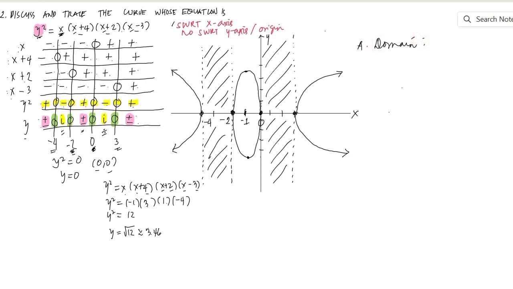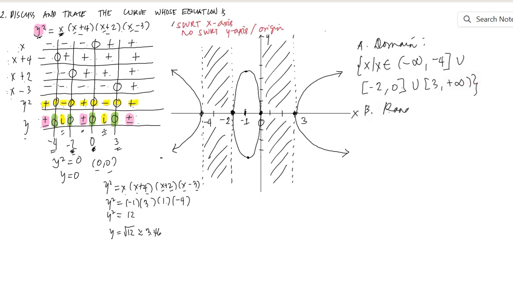For the domain, as we can see here, we have the values from the negative infinity up to -4. So that would be any value of x, such that x is an element of the set from the negative infinity up to negative 4, so that includes -4, union of the set from negative 2 to 0, union of the set from 3 to the positive infinity.